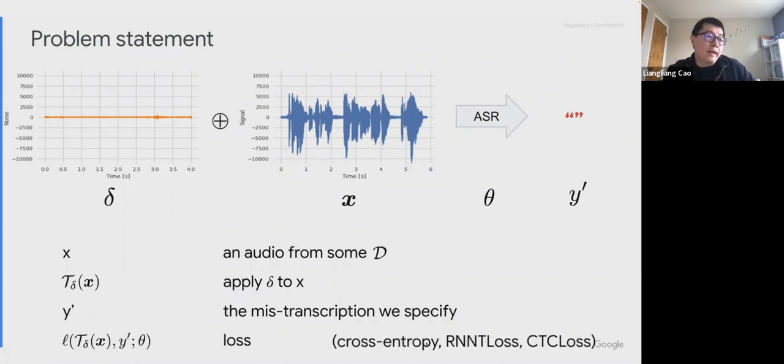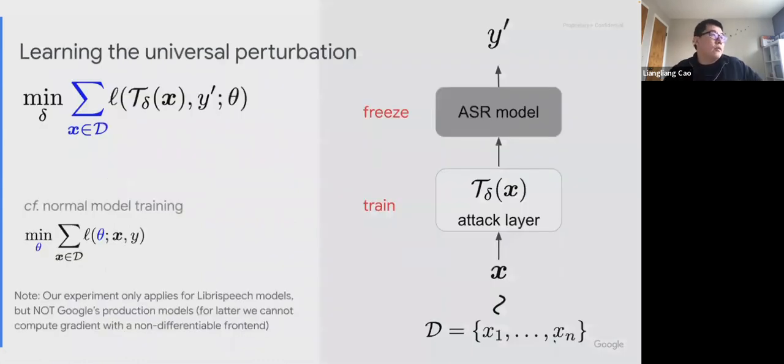For the loss, we can try cross entropy loss, CTC loss, RNT loss, etc. So how do we learn this? We basically took the model trained from LibriSpeech. Here we use the CTC model, and then we minimize this loss function on all the LibriSpeech training data, and we learn the expected Y prime to be empty for every audio in LibriSpeech.